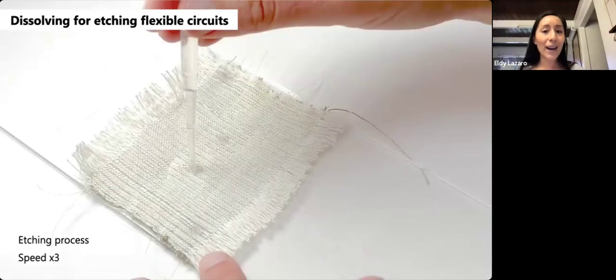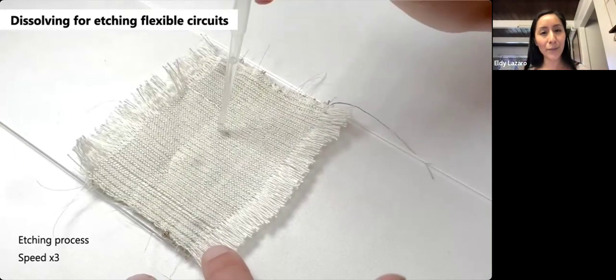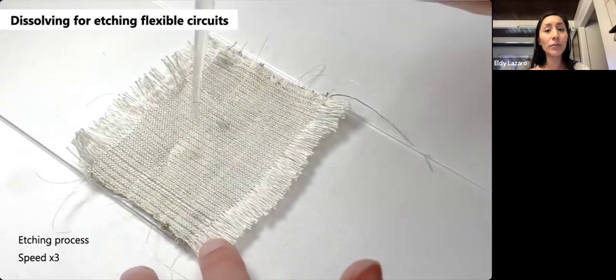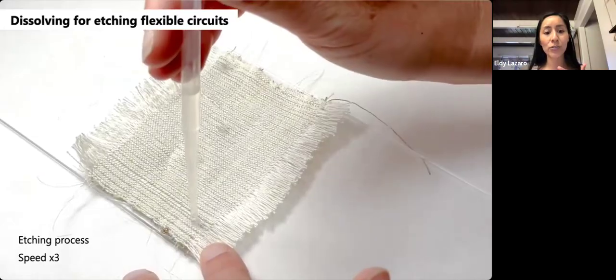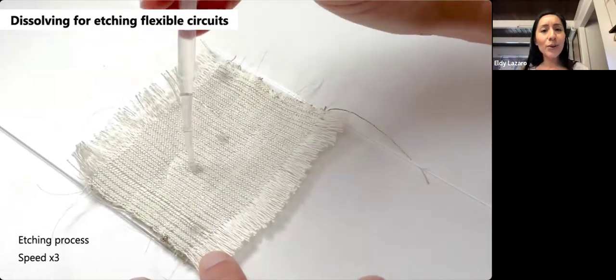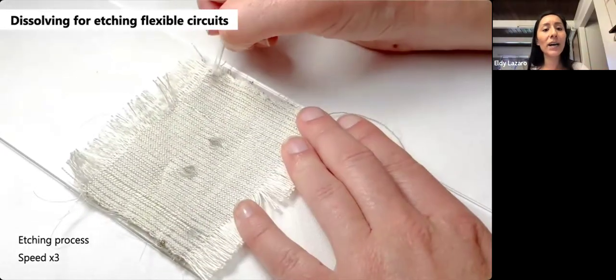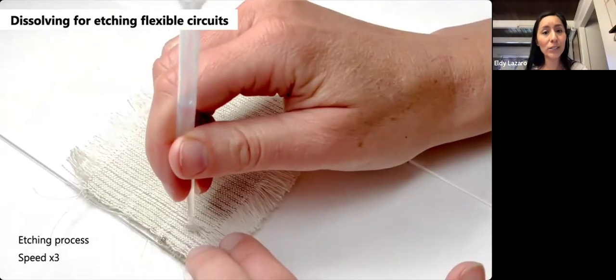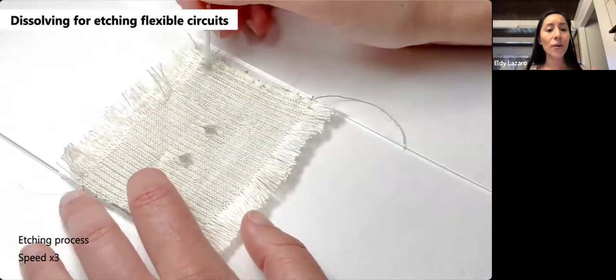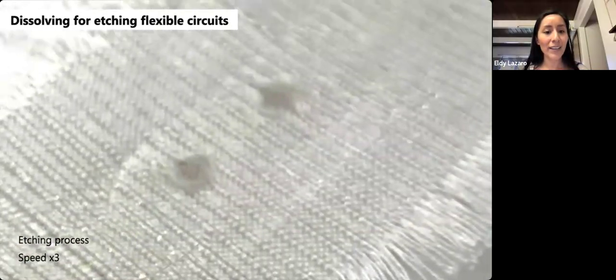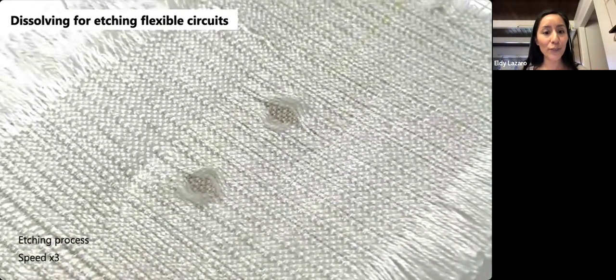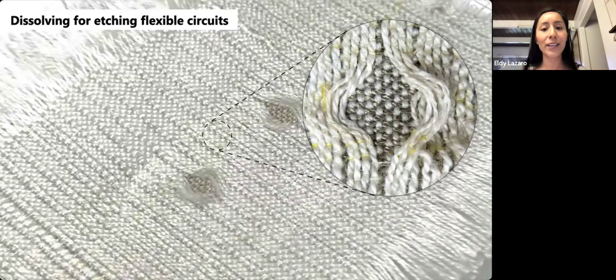What that allows is that sometimes when we are doing on-body prototyping, when we already have the fabric on the body, humans have different measurements, so sometimes we don't know where to make the connection, where to do the soldering. So we could put it already on the body, and wherever we see it's a good place to do the soldering or the electronic connection, we can dissolve the top layer and have the conductive layer exposed, so we can do the soldering there, and then we will do some mending after that.